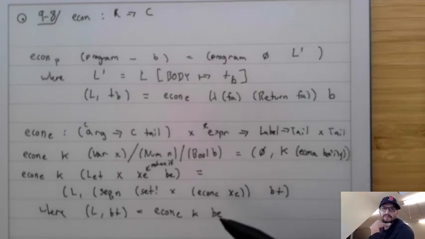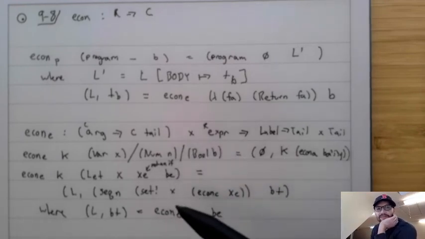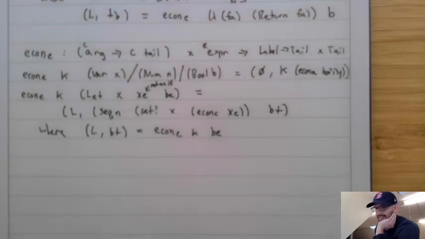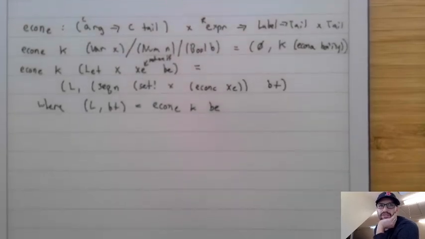So this is just like before. These two cases together are like what our old econ function was. But now we need to deal with what happens if we get an if statement, or if there's an if statement inside of that XE. So those are the complicated parts.